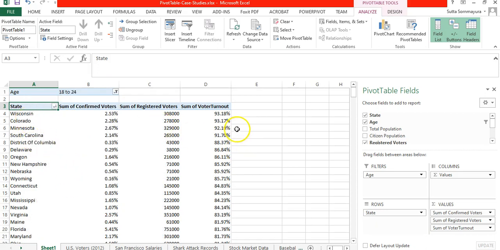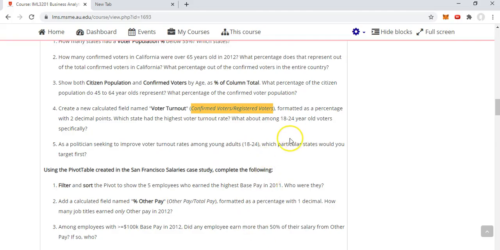Okay, so in this case you can see that the answer is Wisconsin, 93.18%, right? So that is the answer for this question.